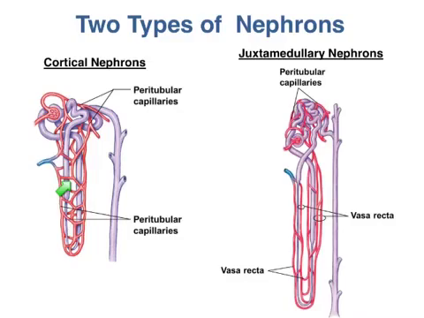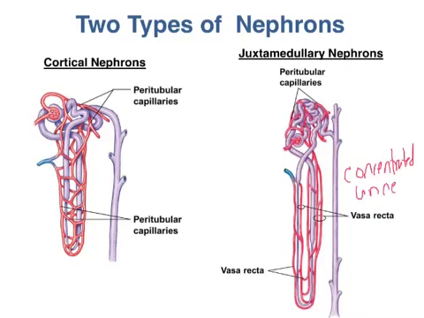Juxtamedullary nephrons have paratubular capillaries around their proximal and distal convoluted tubules, but they have a capillary bed that wraps around the loop of Henle that is much more structured, parallel, and geometrical, and this is called the vasa recta, so the straight vasculature. The long loop of Henle and the straight parallel flowing vasa recta are important in the formation of concentrated urine.